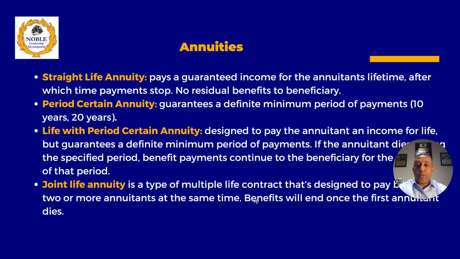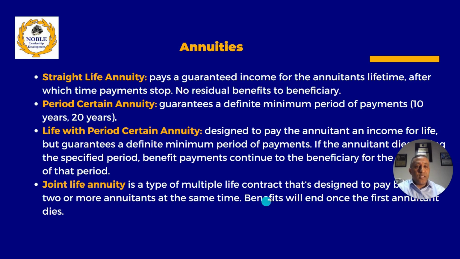A life with period certain annuity is another option that combines the first one and the second one. If the annuitant is still alive, even after the period finishes, they continue to get a lifetime income. But if the person passes away and the number of payments are not finished, then the beneficiary gets those payments.